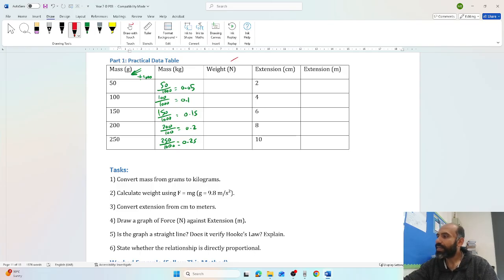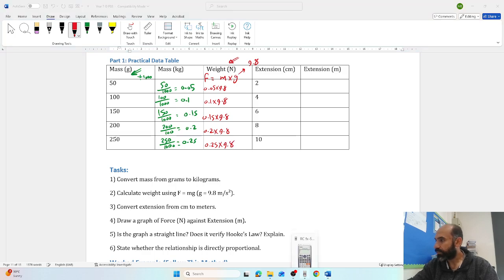How can you calculate the weight by using the mass? The formula is weight, which is gravitational force, equal to m, the mass, times g, which is 9.8. So you will do 0.05 times 9.8, 0.1 times 9.8, 0.15 times 9.8, 0.2 times 9.8, and finally 0.25 times 9.8. I think I have a calculator here.